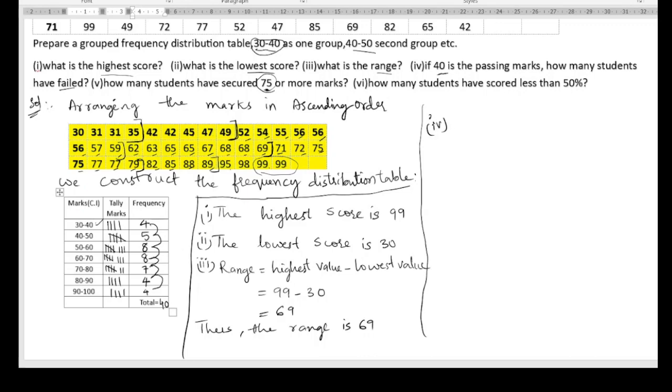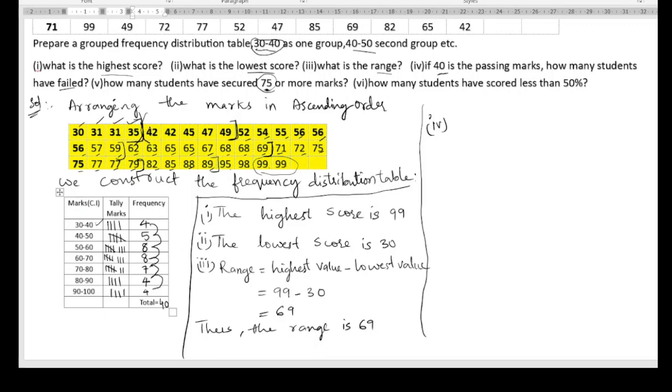In the fourth part they are asking, if 40 is the passing marks, how many students have failed? If 40, we need to stop before 42. How many numbers are there? 1, 2, 3, 4.